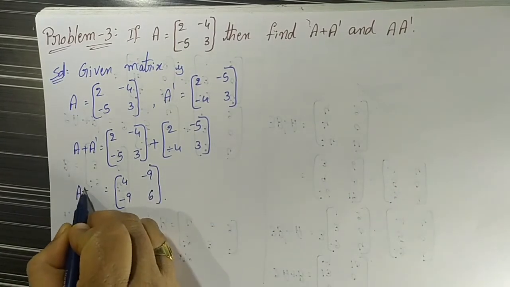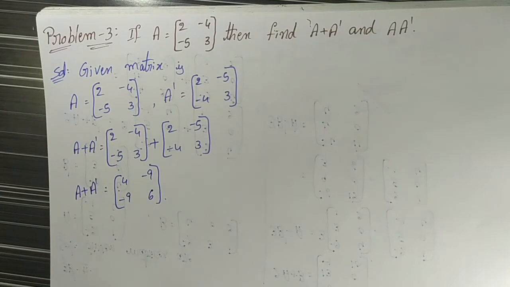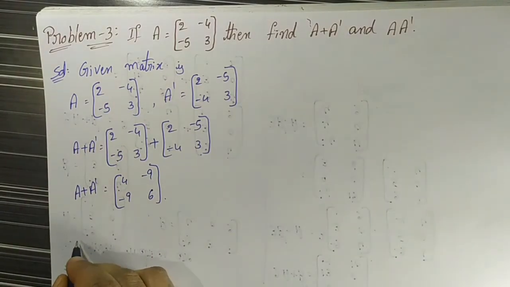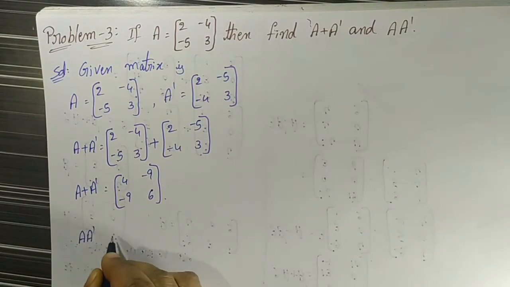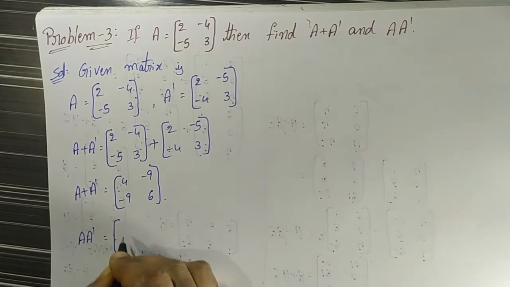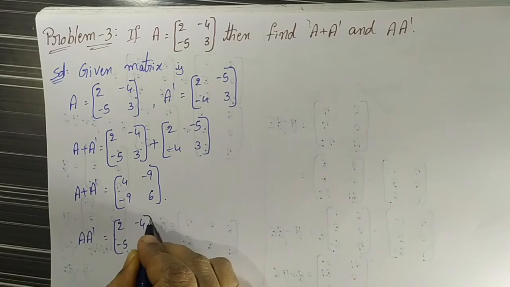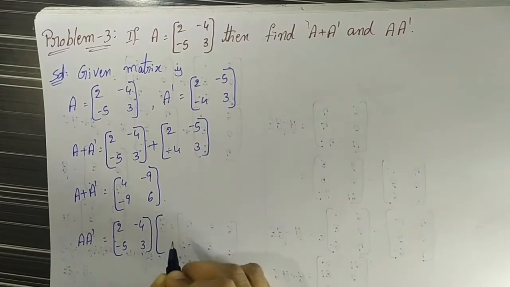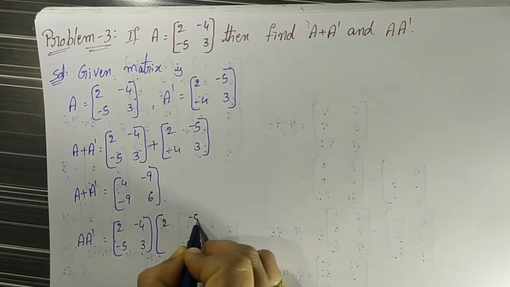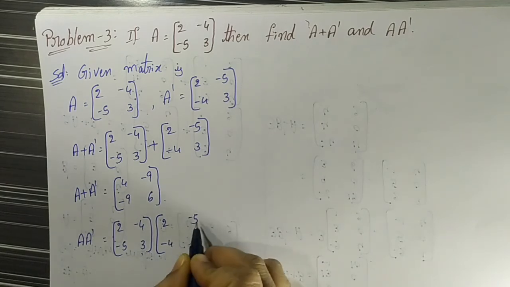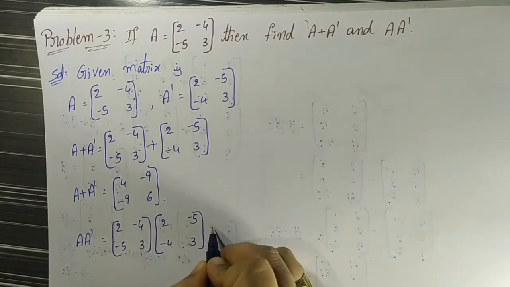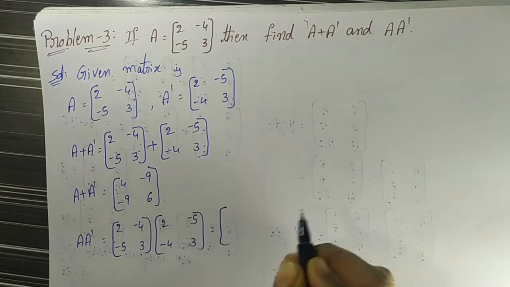This is the A + A' value. Next we can find the A into A' value. Then A into A' equals [2 -4; -5 3] into the A' value, [2 -5; -4 3].